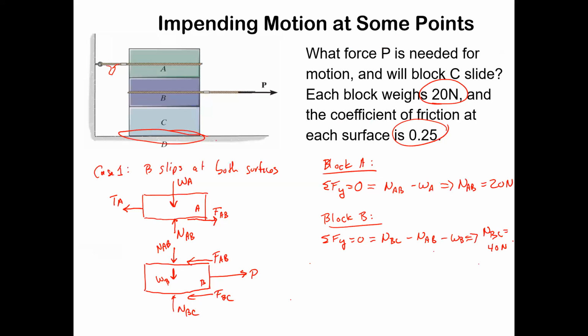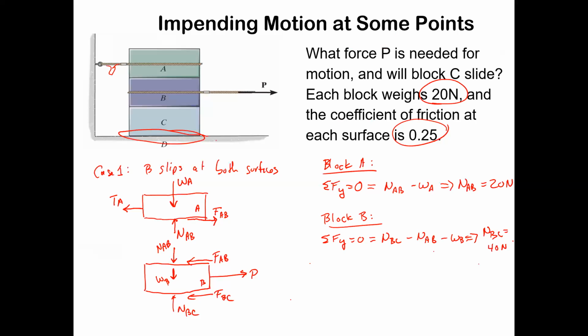Would block B also experience the weight of block A on it? Yes. That's what NAB is. NAB on block A is the force that block B is exerting on A to keep it from falling due to the weight of gravity. So it's opposing the gravitational force, keeping that thing in equilibrium so it doesn't move vertically.